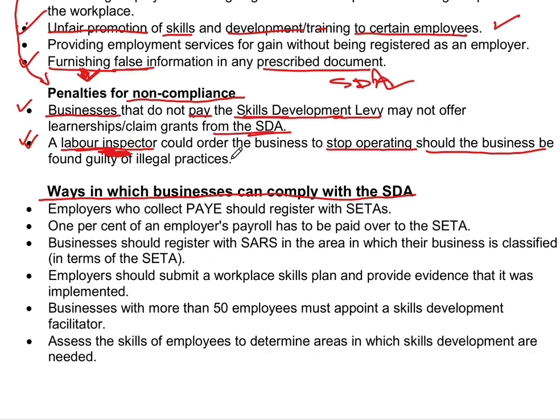Then you start to say, how would I know about King Burger? No, this one is applied in South Africa. So every business in South Africa complies with the Skills Development Act.